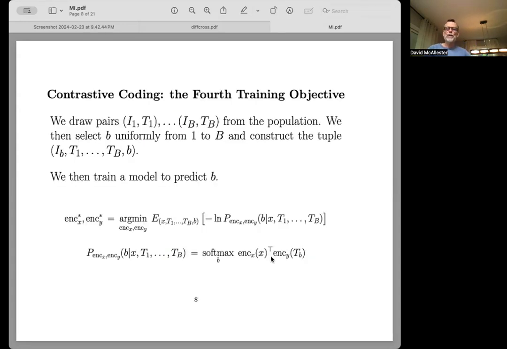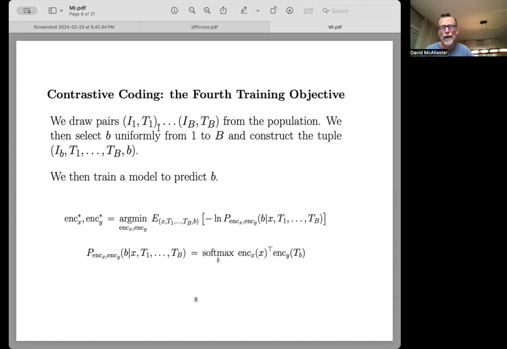So let's write some equations for this. We're going to draw a batch that we're going to train on. The batch will consist of pairs of images and text, and I'm going to use B for batch size. We draw this from our corpus, our population of image text pairs.